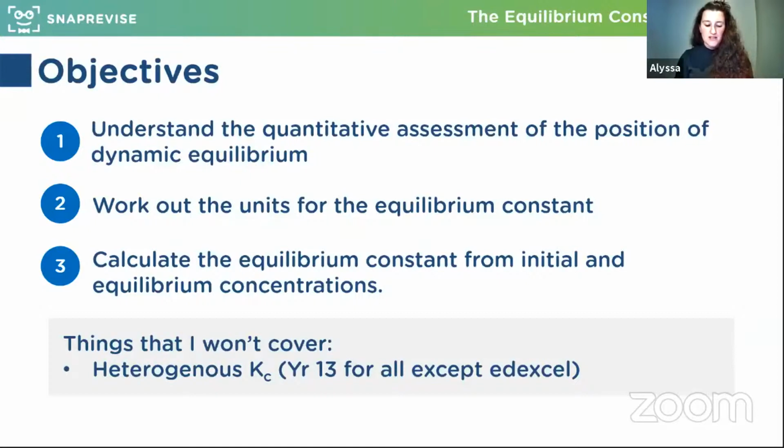We're going to look at working out the units for the equilibrium constant, which often sounds terrifying, but is a very simple process. And then we're also going to calculate a value for the equilibrium constant from initial and equilibrium concentrations. You might recognize this as the ICE method. So we'll be doing a little bit of that hopefully at the end.